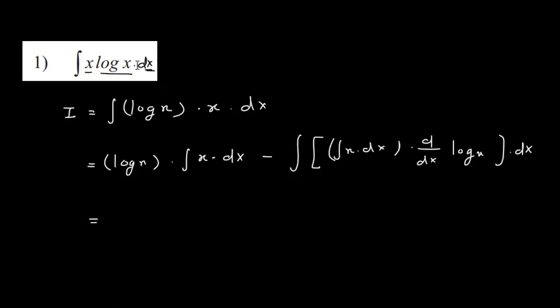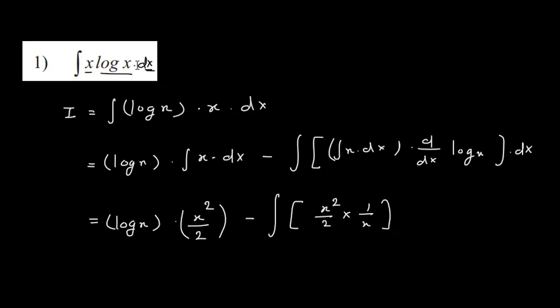Now this is log x, and integration of x is x square divided by 2, minus integration of, now first to solve inside, what we have: integration of x is x square divided by 2 into the derivative of log x, which is 1 divided by x, into dx.